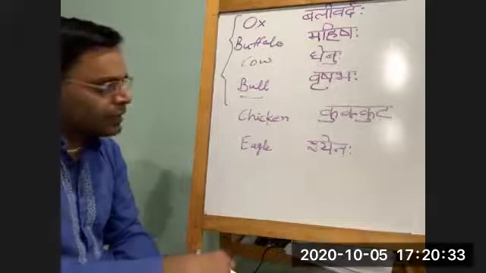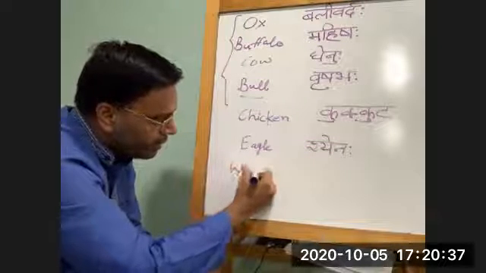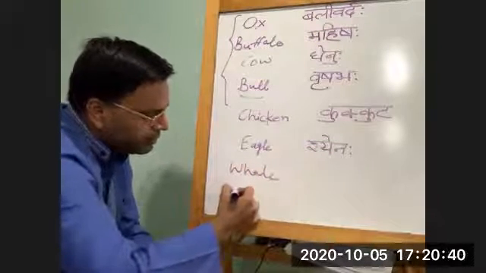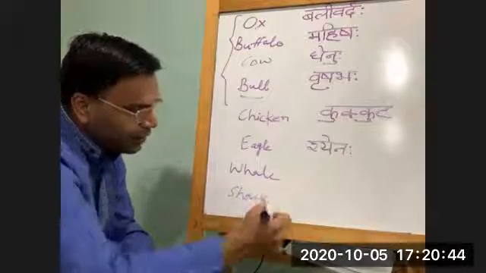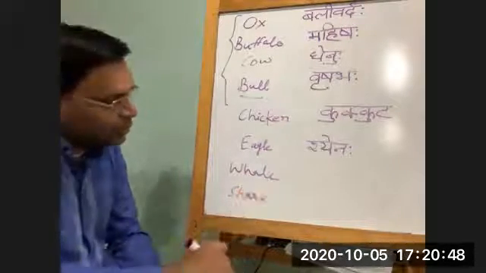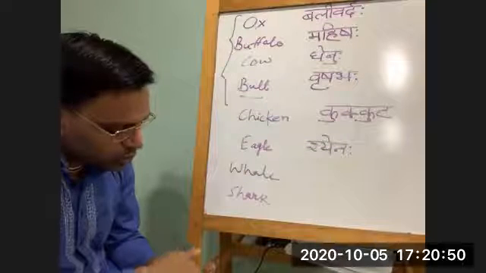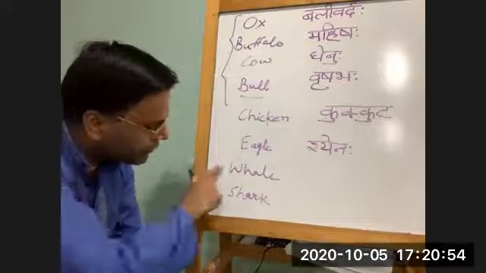Okay, so eagle, and then somebody asked me whale or shark or dolphin, all different sort of fishes. So in Sanskrit, actually, there is no particular name defined for all these different fishes.